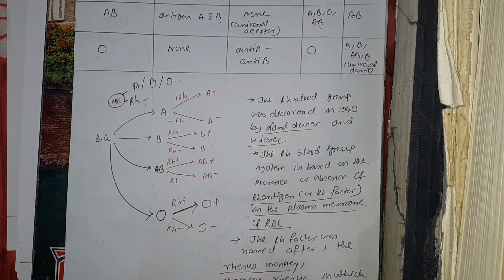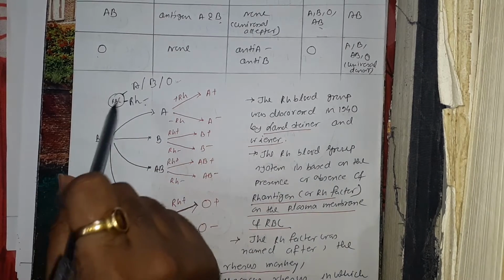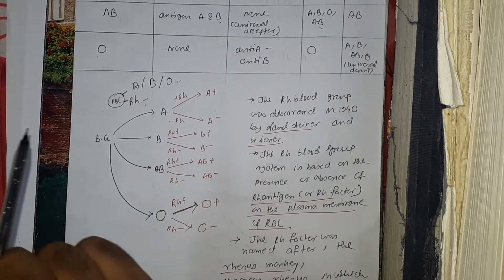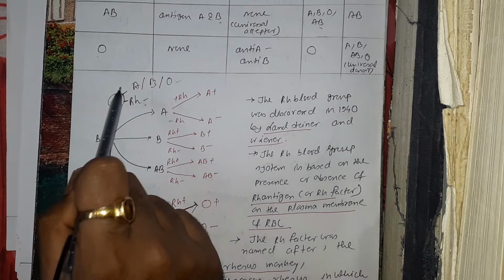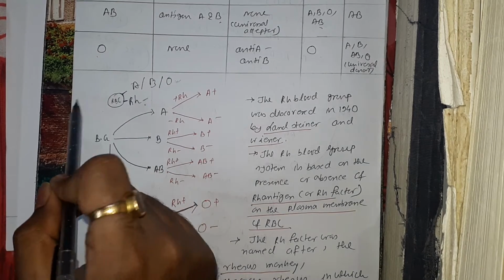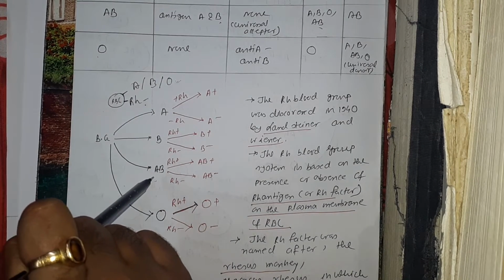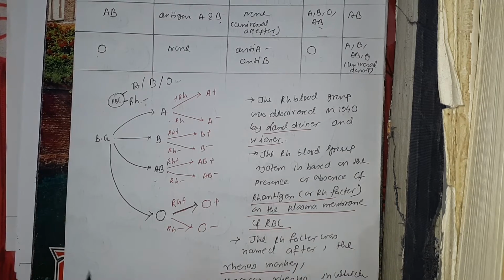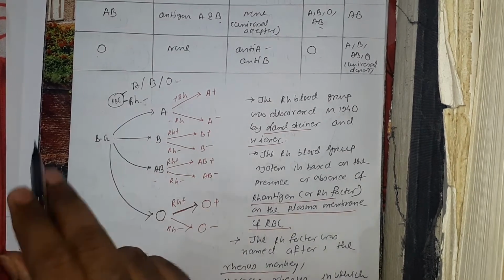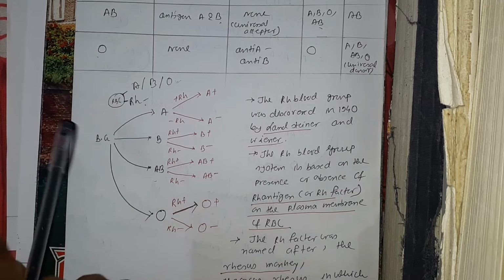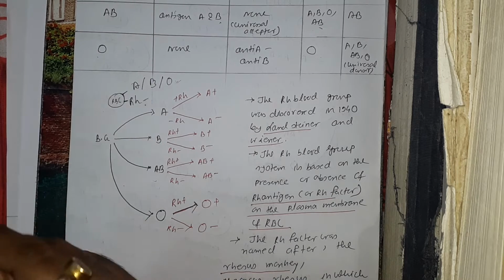They have a type of antigen that is not A and B. We are going to talk about that in our later videos. Along with A and B, if a blood group contains both A and B, then the blood group will be mentioned as AB, right?